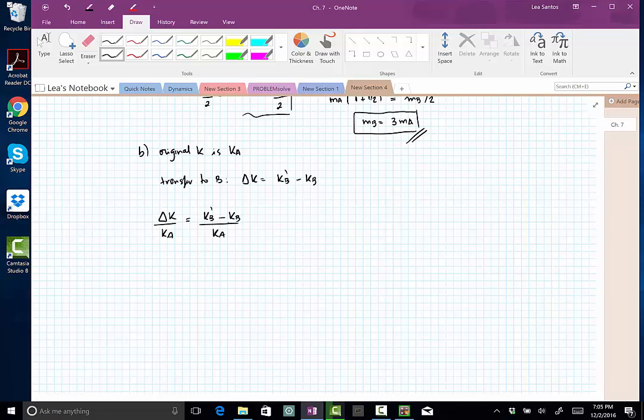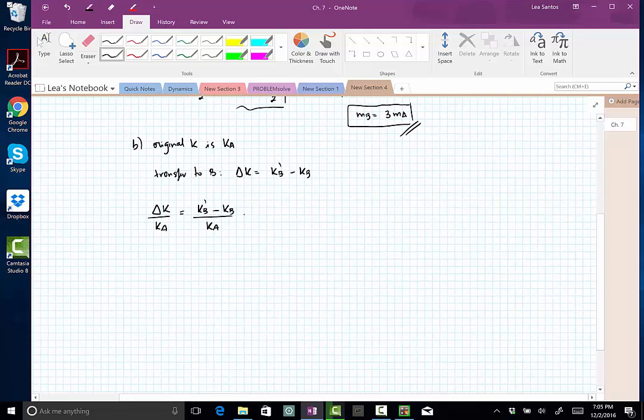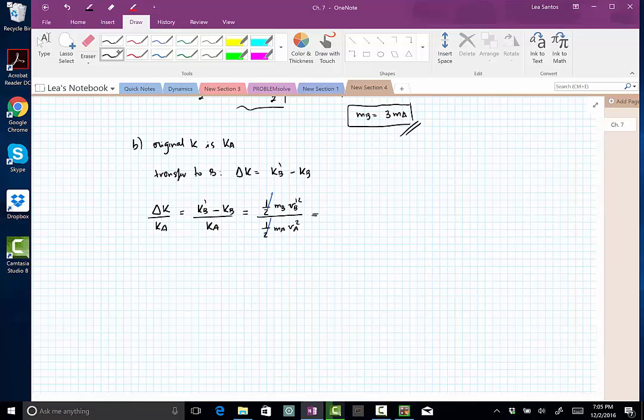And now we can continue. We know that the final kinetic energy is 1/2 MB VB prime squared, and the initial is 0 because the second ball is not moving. And the kinetic energy of ball A is 1/2 MA VA squared. These halves we can cancel, since they appear up and down. MB we found before is 3 MA, so you see that MA will also cancel.